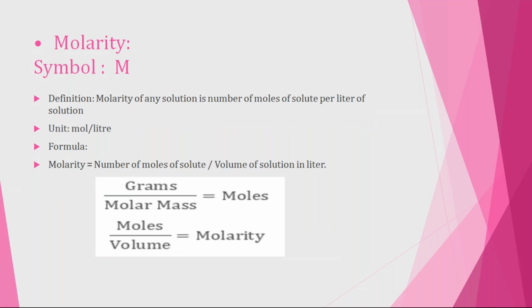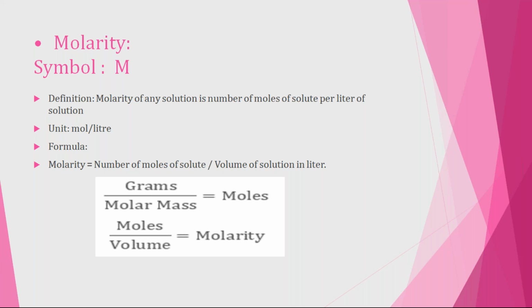So next comes the important thing that we use in our classes, both in practicals and theory, that is molarity. The symbol we represent is capital M. Keep it in mind, we have small m also. So please don't forget, when you are mentioning molarity, it is capital M. Molarity of any solution is the number of moles of solute per liter of solution.